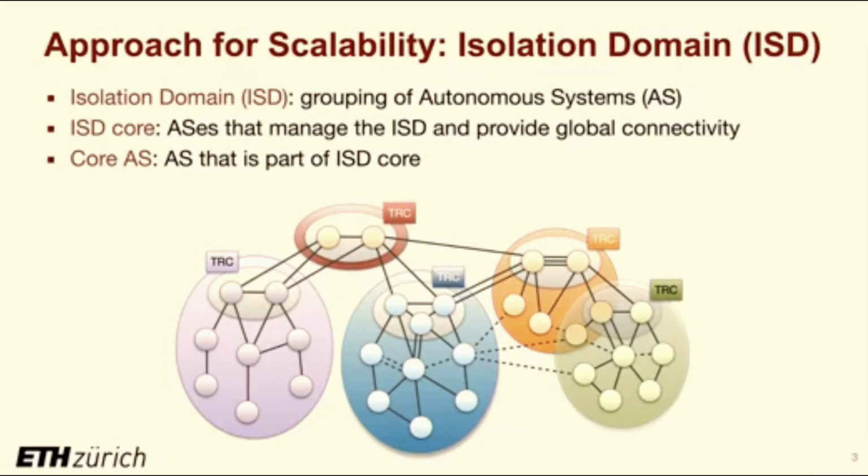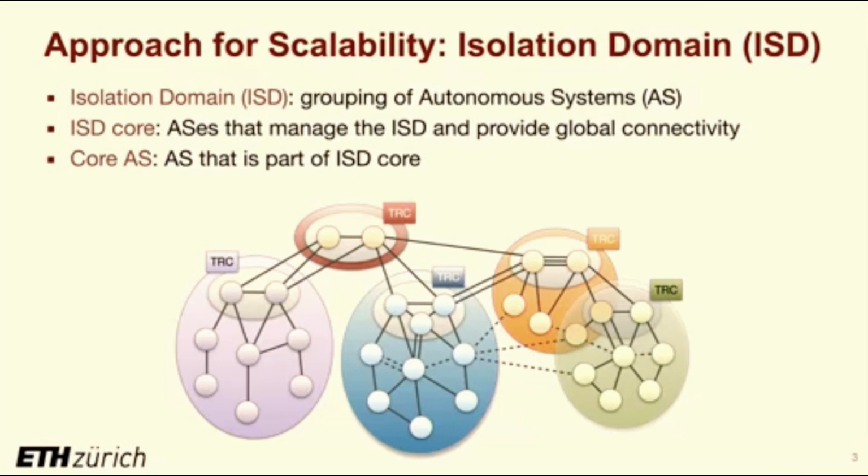So each isolation domain defines what's referred to as a trust root configuration, a TRC, which are all the cryptographic public keys that need to be relied upon for communication. So this is something that is locally chosen in the ISD, and so sovereignty of operation can be achieved because there are no external TRCs that need to be trusted for internal communication.